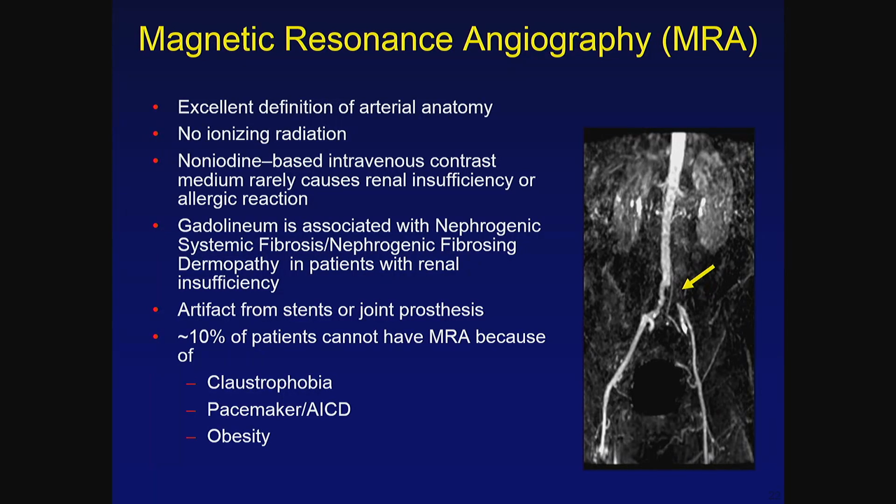The other thing to keep in mind is that any metallic object in the imaging field, be it a stent or a hip prosthesis, for example, may show as a void artifact and not allow assessment of the artery in that location.